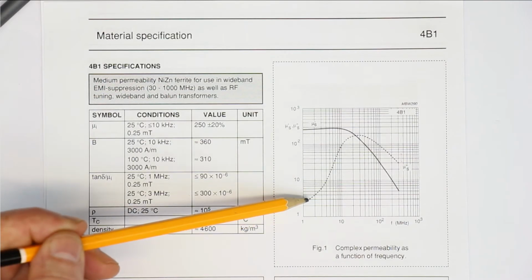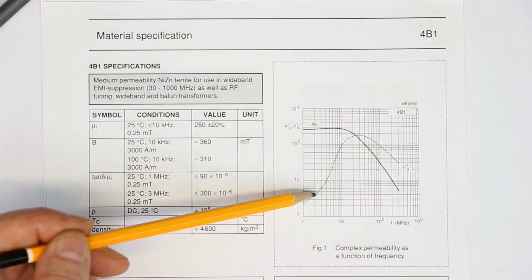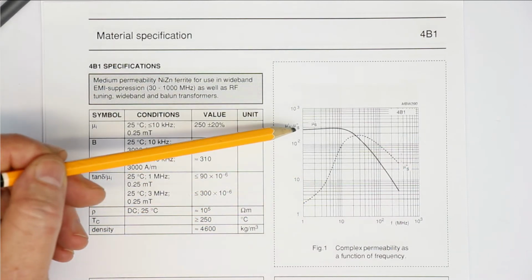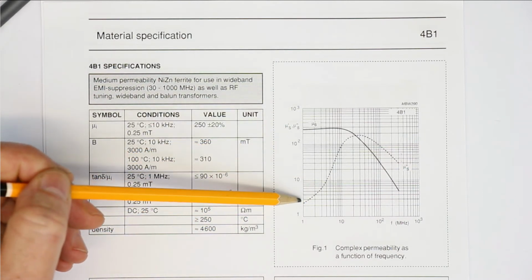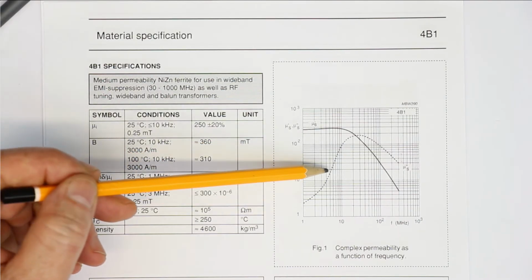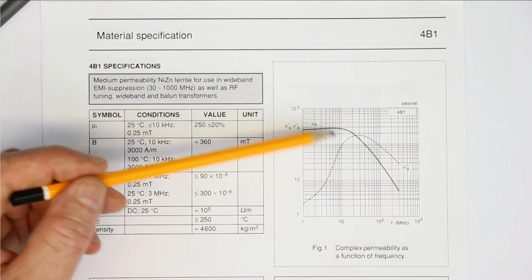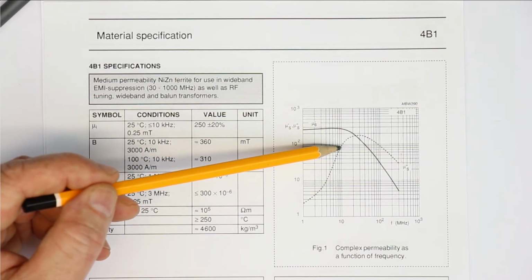But nevertheless, the losses also start to rise from 1 megahertz upwards. So I would say that the maximum useful range is around 10 megahertz that this material can be used.